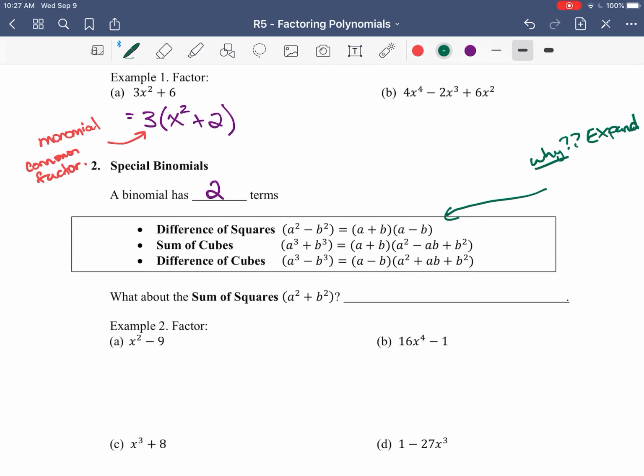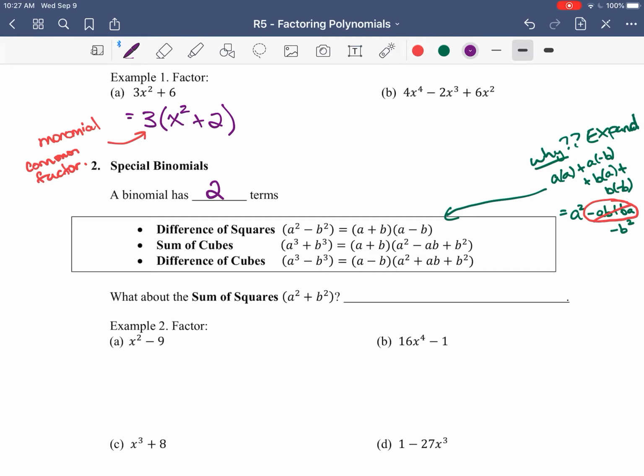It's going to be a times a from the first ones, plus the outer ones, a times negative b, plus the inner ones, b times a, and then plus the last ones, which is b times negative b. If I simplify this, it's a squared minus ab plus ba minus b squared. And we can see when you expand something of this form that the middle two terms always cancel each other out. So I'm left with a squared minus b squared.